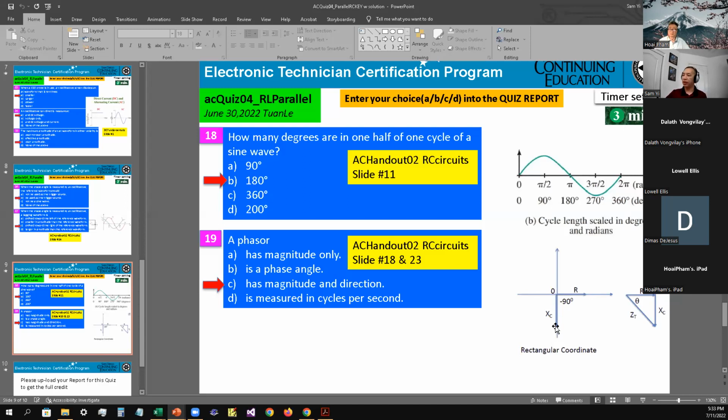Can you see my screen? Yes. Okay, yeah, so if you look at the voltage of IC, the voltage would be pointing down, and the pointing up would be the current. But since we only compare just the voltage-wise, VR over VC, that's why VC would be pointing down and VR pointing toward the right.